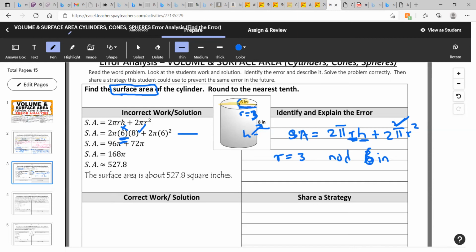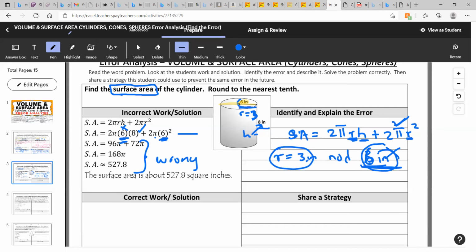And over here, the radius again was 6. So the error the student made was substituting the radius as 6, when it is 3 inches. So everything from this point will be wrong because of 6 instead of 3 as a radius.